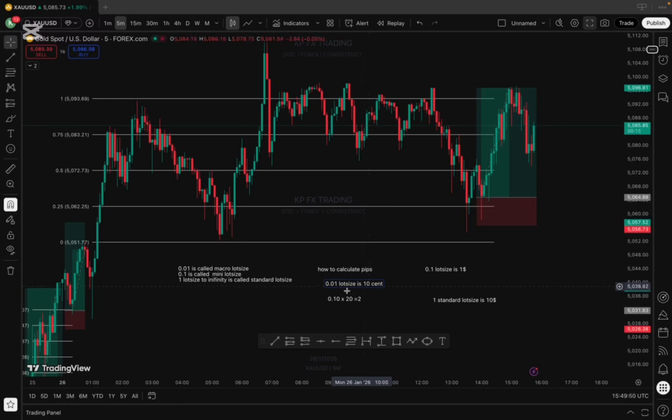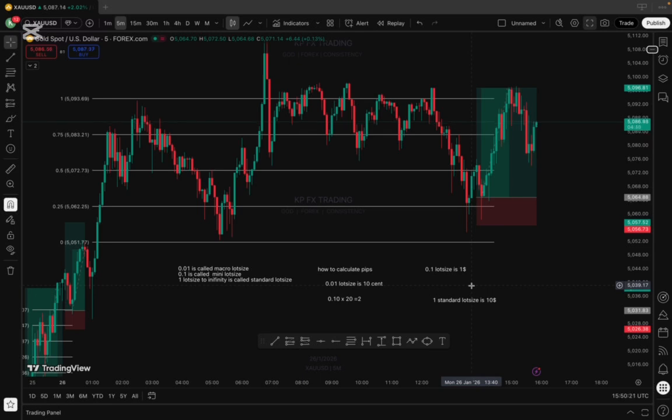It's not up to $1 yet, this is cents. Cents times 20 pips gives you $2, right? If you times $1 times 20 pips, it will give you $20. Then the standard lot size, which is $10 times 20 pips, will give you $200, right? So that is how to calculate pip.